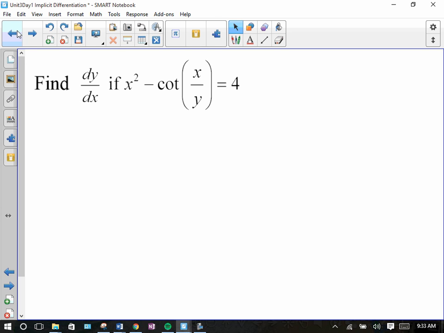Now we want to find the derivative of x squared minus cotangent of x divided by y equals 4.